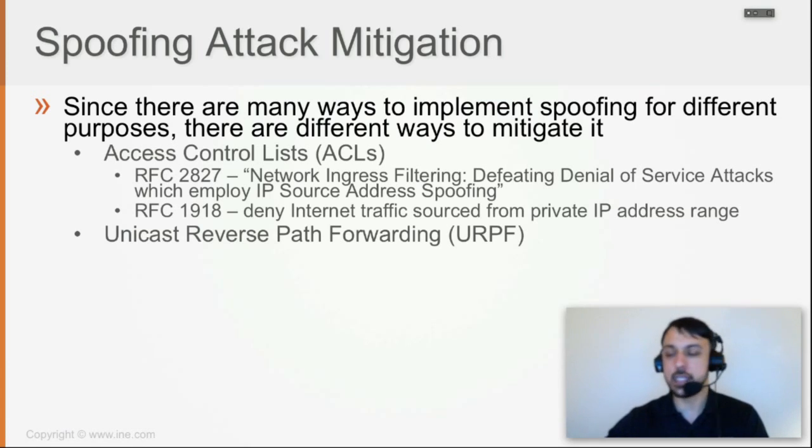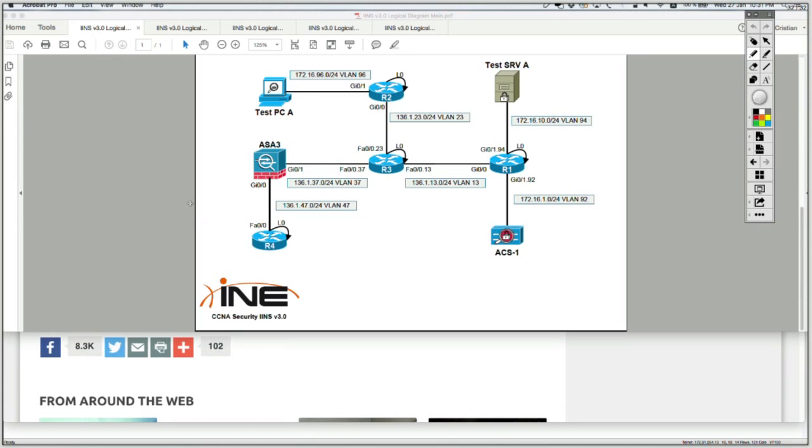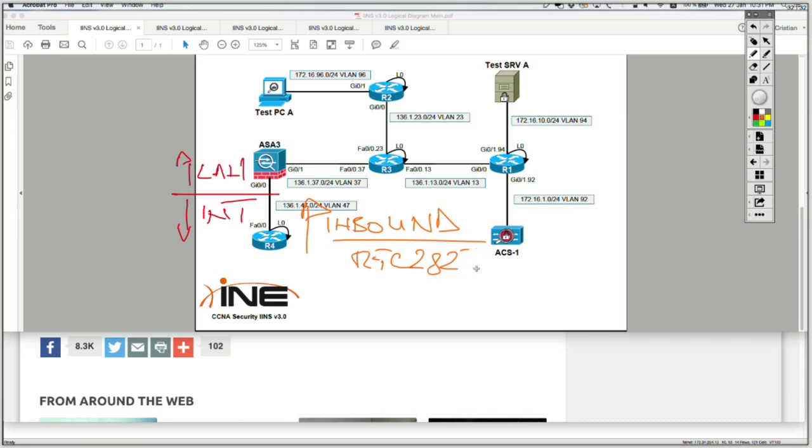So what this means is that you would go to the edge of your network, facing both the LAN and the internet, and inbound from the internet, you're going to perform source filtering. You're going to do IP filtering on the source based on both RFC 2827 and RFC 1918.